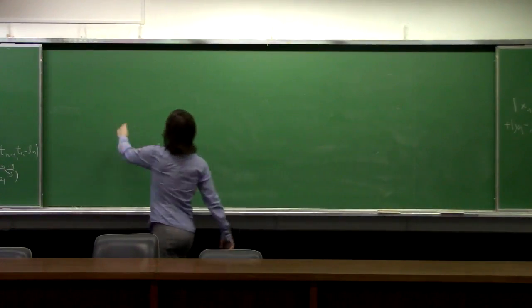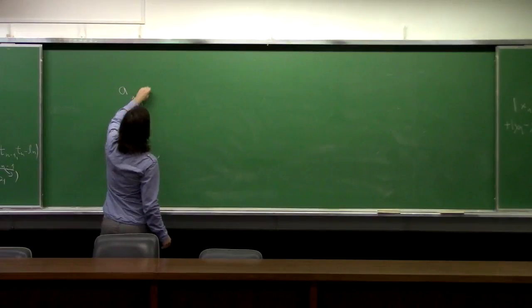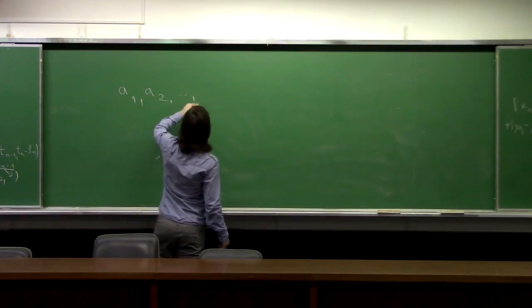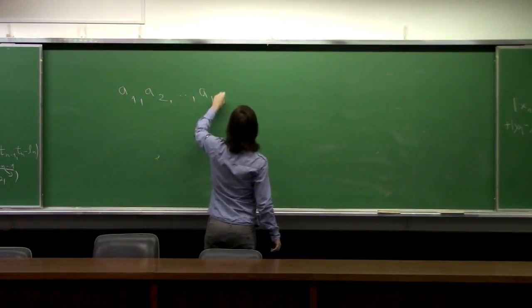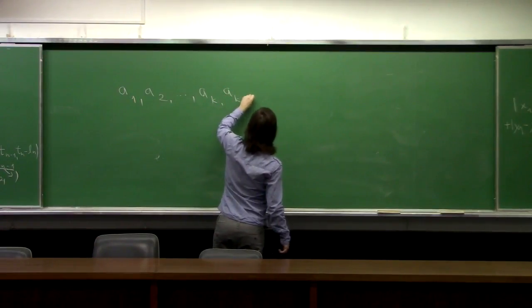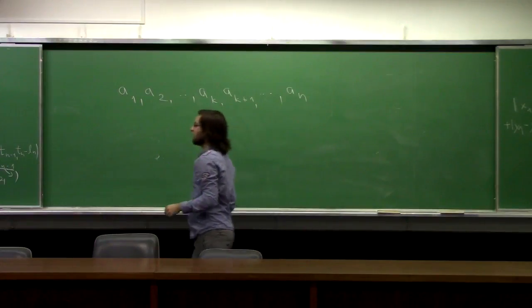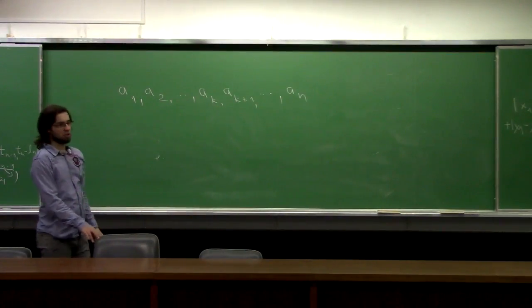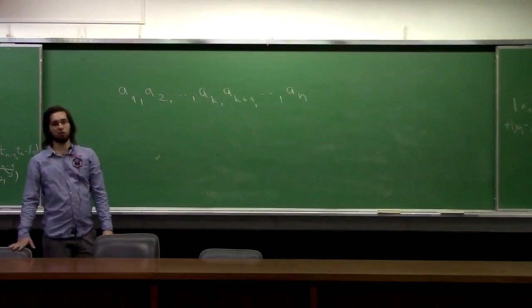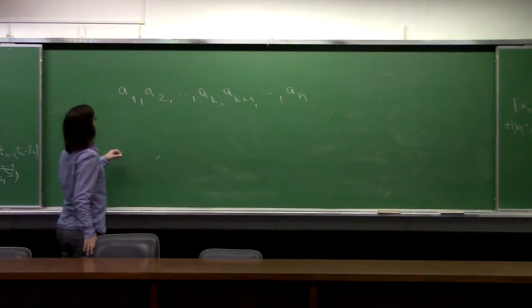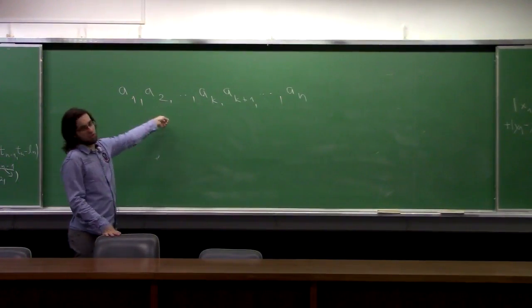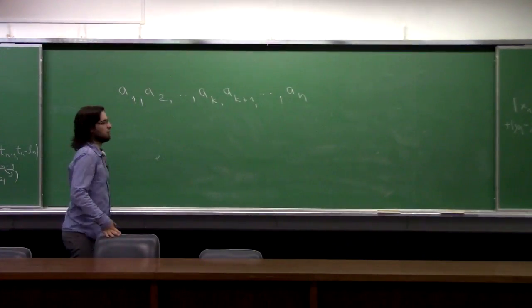So we have again a sequence A_1 through A_N, and we want to change the minimum number of elements of this sequence in such a way that the sum of any k consecutive elements of the sequence is even.